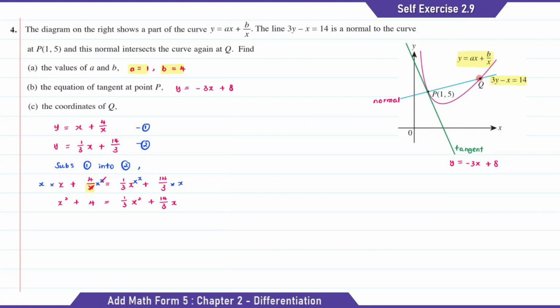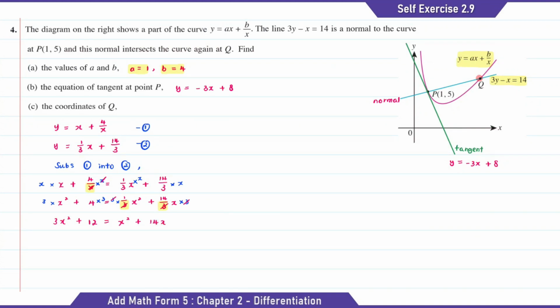Next, to get rid of the denominator of 3, multiply each term by 3. Then we're going to get 3x squared plus 12 equals x squared plus 14x.